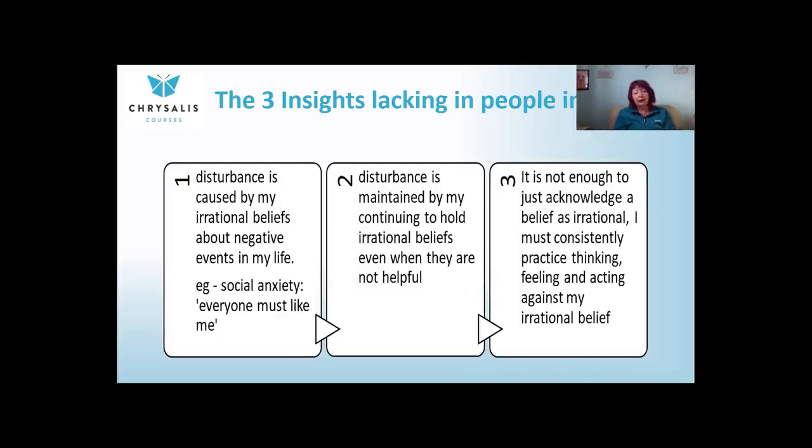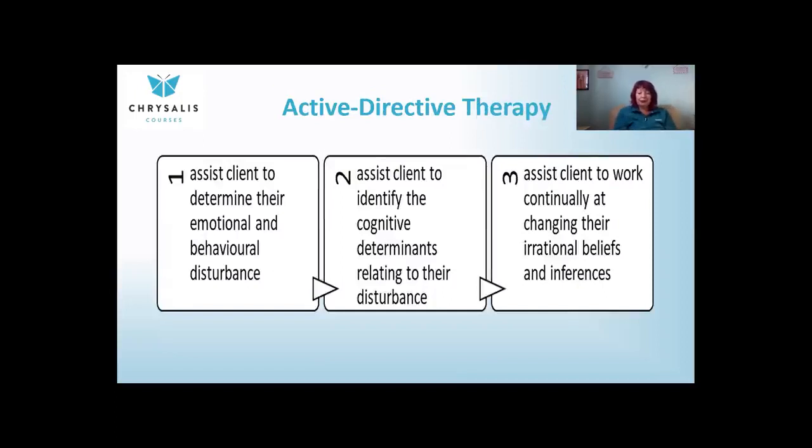So let's look at REBT goals for therapy. So we need to assist a client to determine their emotional and behavioural disturbance by talking through the problems that they're having. And we need to assist the client to identify the cognitive determinants relating to their disturbance.